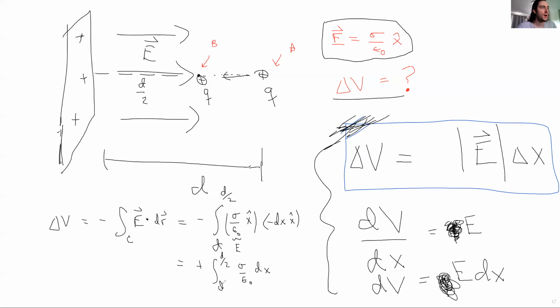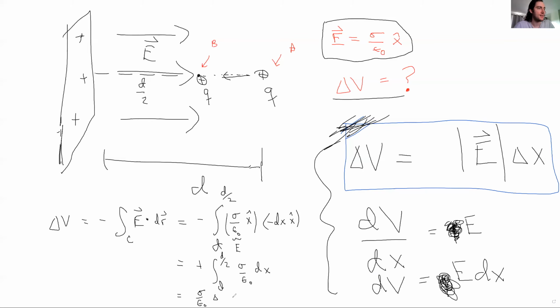And we're integrating from d to d over 2, and there's no x in our integrand, so this is a nice simple sigma over epsilon naught, which is the magnitude of E times delta x.